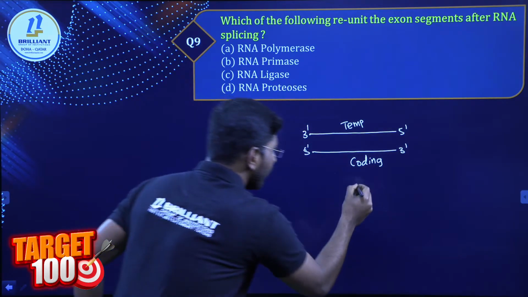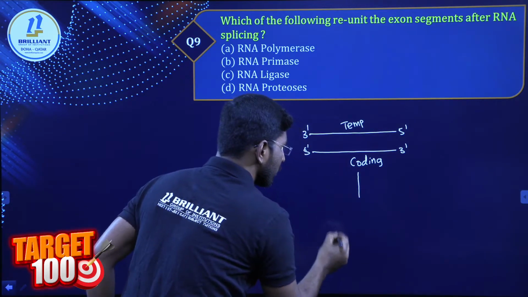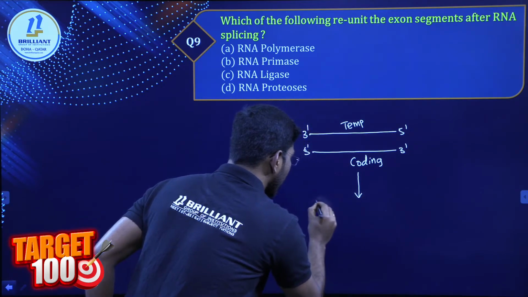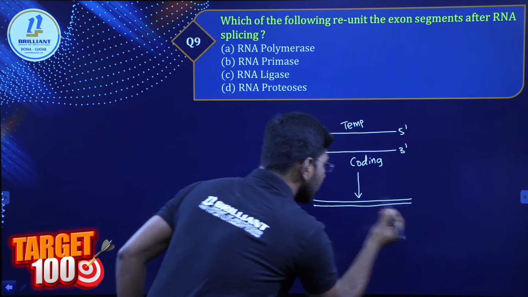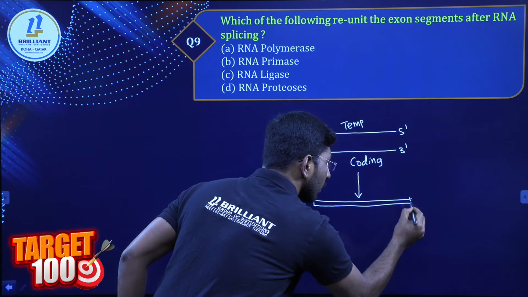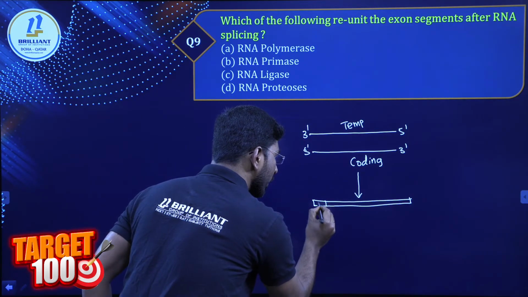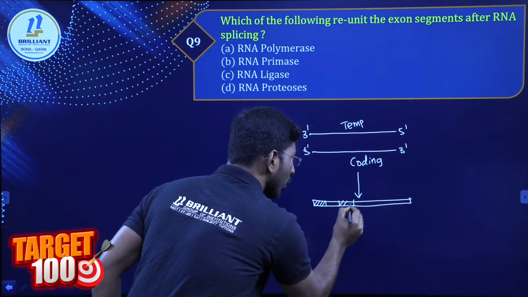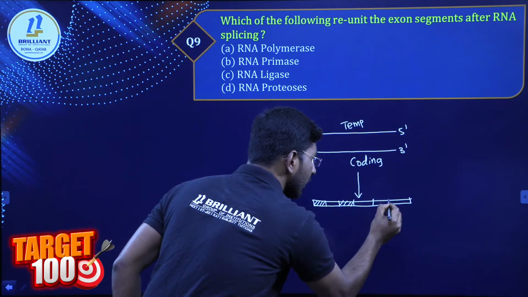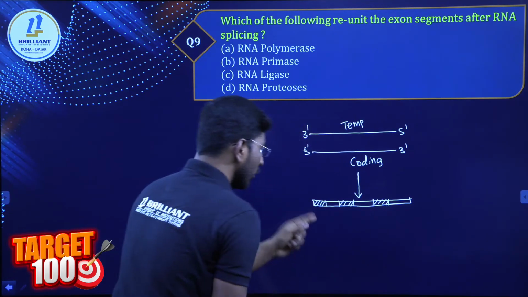Now, after transcription we will get hnRNA. This hnRNA has coding and non-coding parts, called exon and intron.